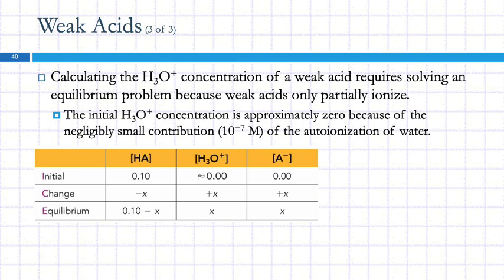It is not 0, of course, it's 10 to the minus 7, but generally we don't need to worry about that. The concentration of the anion will be 0. Then we have a change: the acid concentration will go down, and hydronium and the anion will go up. We can get our equilibrium concentrations here and use the acid ionization constant for that weak acid to find out what the concentrations are.